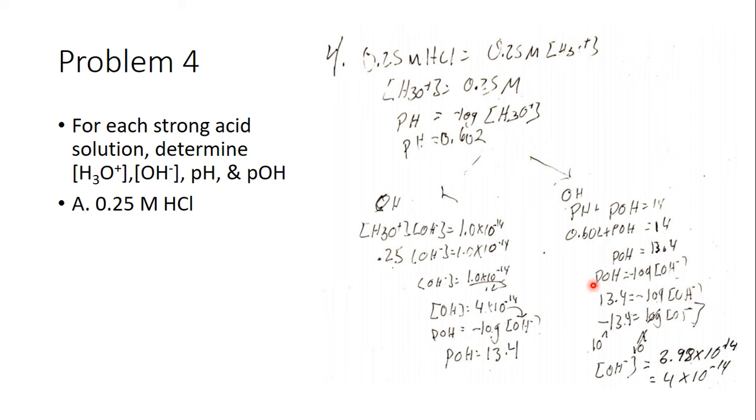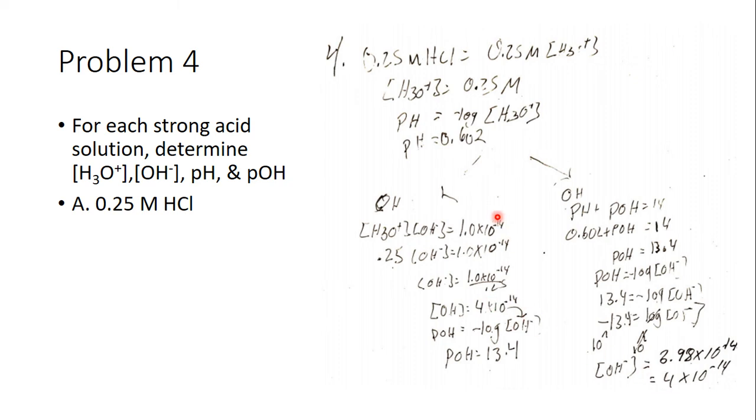Then multiply each side by negative 1. Negative 13.4 equals the log of OH minus. To get rid of a log, you raise each side to the power of 10. So 10 raised to the power of minus 13.4 equals OH concentration. OH equals 4 times 10 to the minus 14, just like we got in our previous way of solving this.